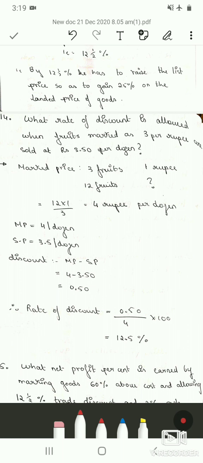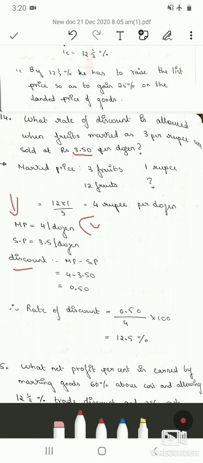So cross multiply, therefore we will get 4 rupees per dozen. Therefore the marked price is rupees 4 per dozen, and they have given they are sold at 3.5 rupees per dozen. Therefore the discount would be marked price minus selling price.